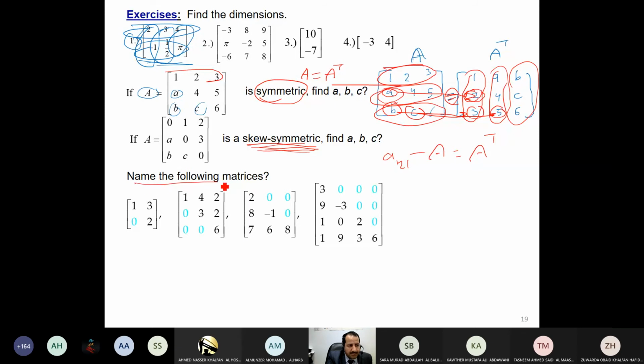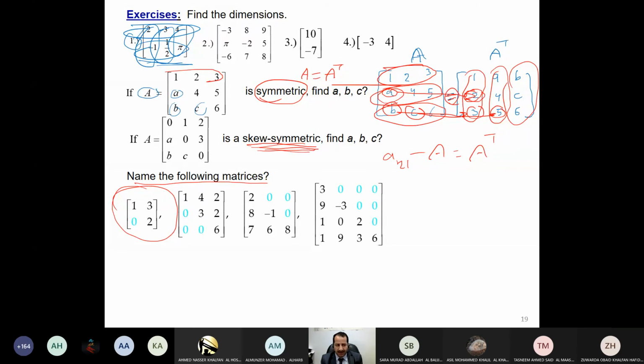But let me go to the last one here. He told me to name the following matrices. So what do we call this matrix? Type of matrix here? Upper triangular matrix. Correct. Is there any other name for the matrix?